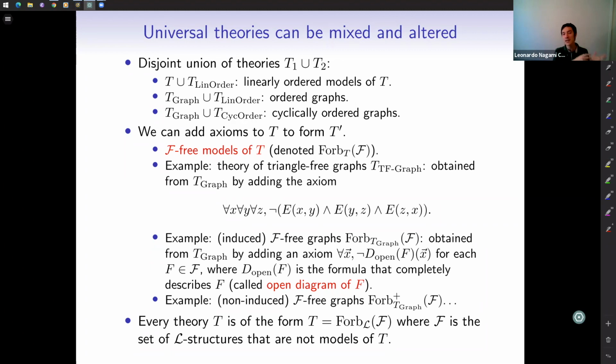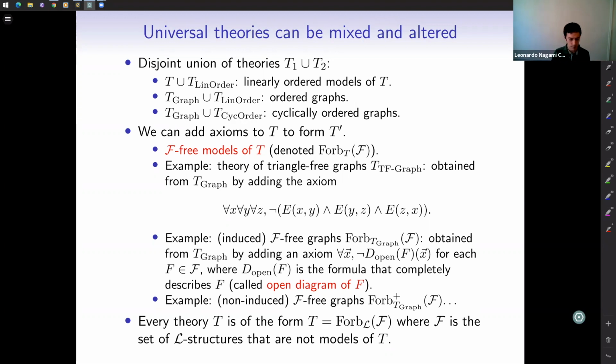So every theory can be written as Forb F for some F. Now, of course, if you do it naively, this family is going to be infinite. So, for instance, for triangle-free graphs, if you just do this naively, you're going to forbid any graph that has a triangle in it, instead of just saying, well, I'm just going to forbid the triangle itself. So for some theories you can produce simpler families F that maybe are finite, but for some theories you cannot. And if you do it naively, in general, you get an infinite family.